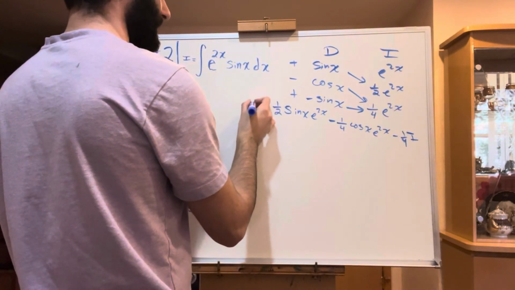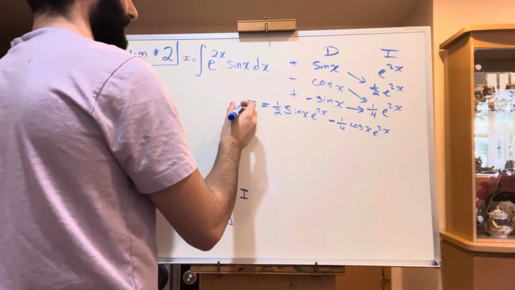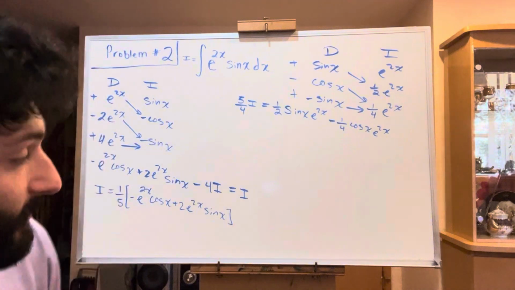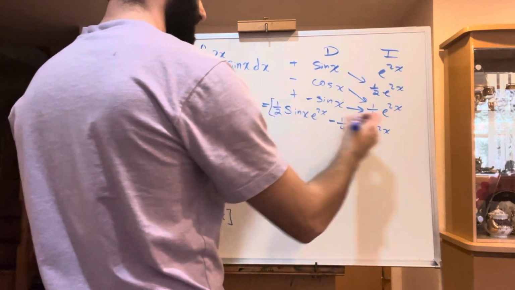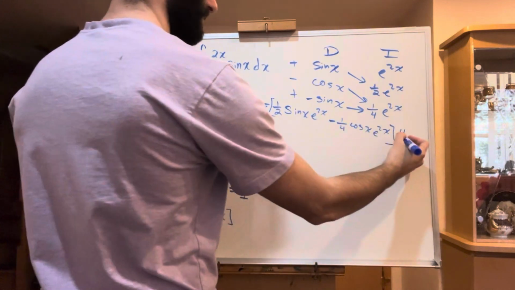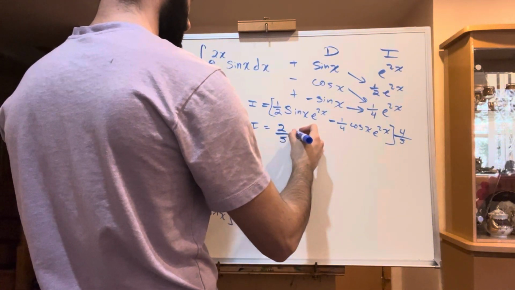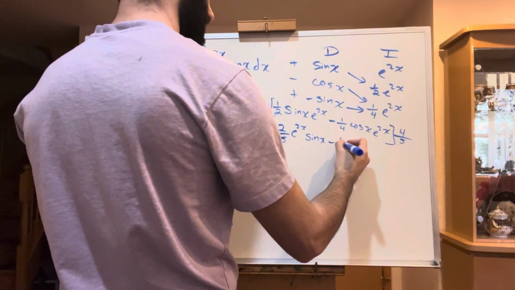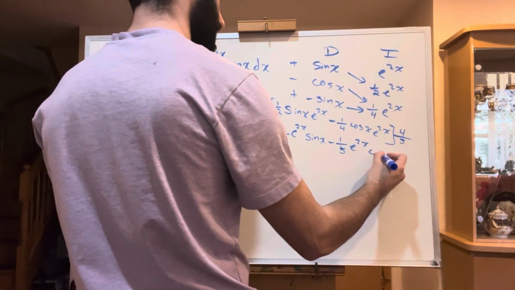And this whole thing is equal to I. So if we add 1/4 I to both sides, we get 5/4 I. So for the final solution, multiply both sides by 4/5, and that simplifies to 2/5 e to the 2x sine x minus 1/5 e to the 2x cosine x.